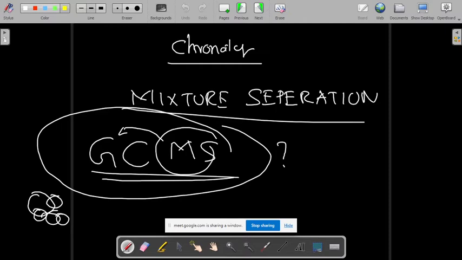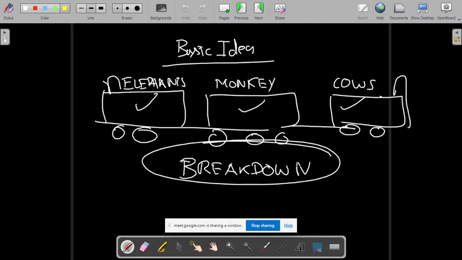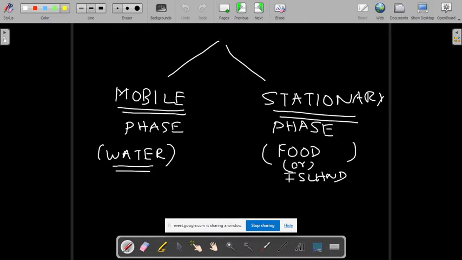There were many pioneers in the field of chromatography. The basic idea of chromatography is that it has two important parts: a mobile phase and a stationary phase. The mobile phase is the one which moves; the stationary phase, as the name insists, is stationary. This technique is used for separation of a mixture. Whenever you have a mixture of compounds, it is carried via the mobile phase into the stationary phase.